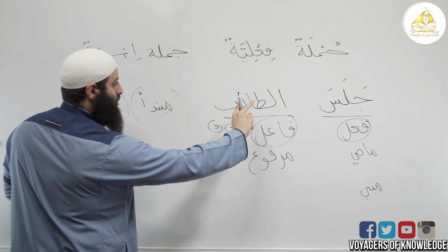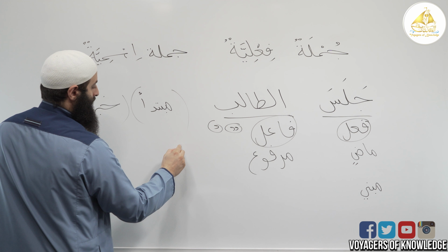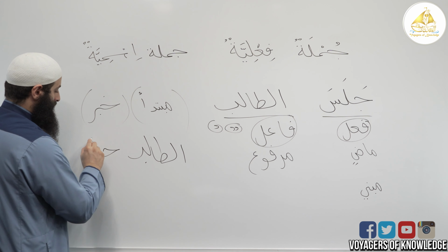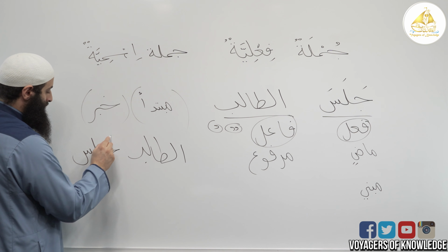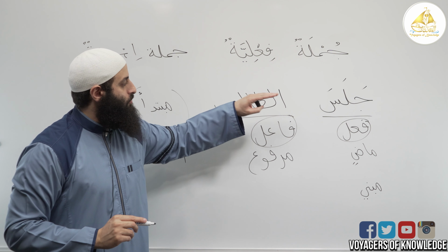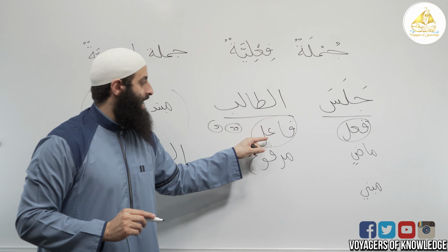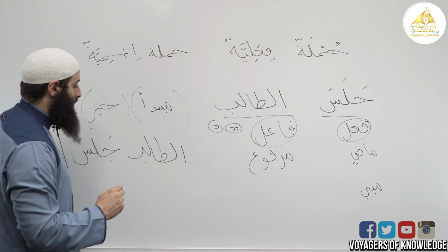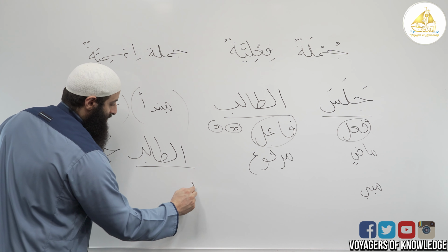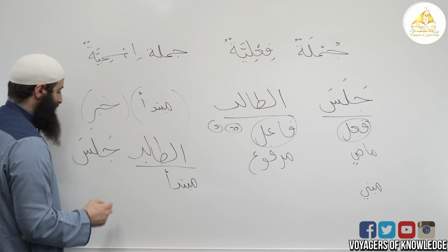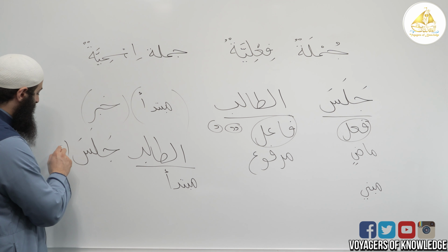So if I was to switch this one, الطالب جلس. This sentence will move from a fi'l and a fa'il to a mubtada and a khabar. All right? Here becomes the mubtada. Jalasa has its implied word of huwa.